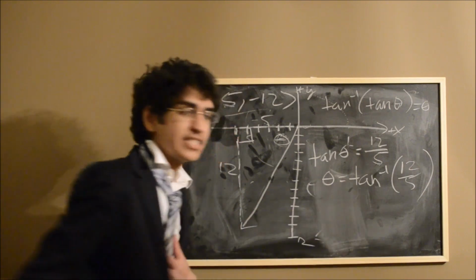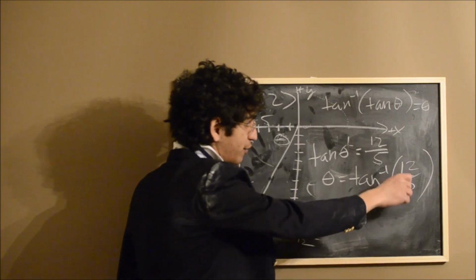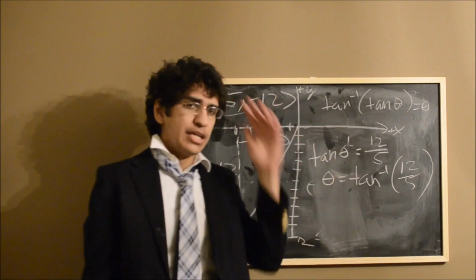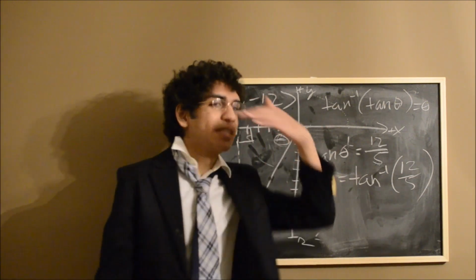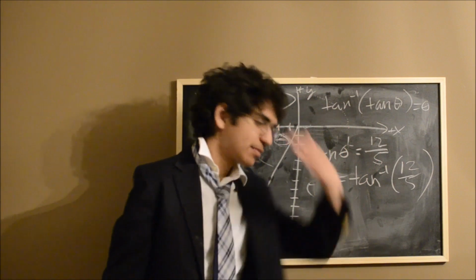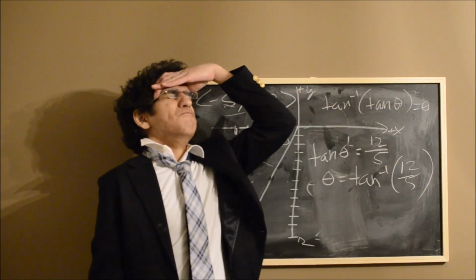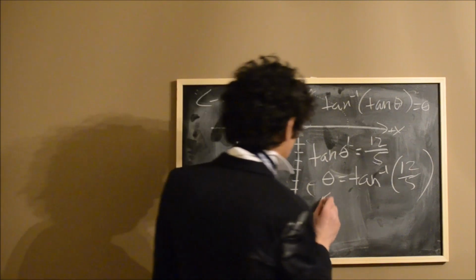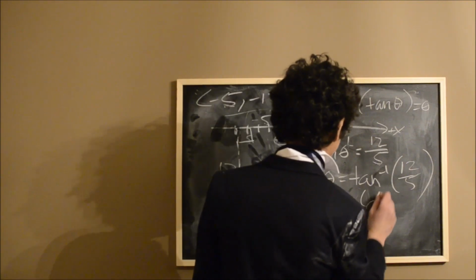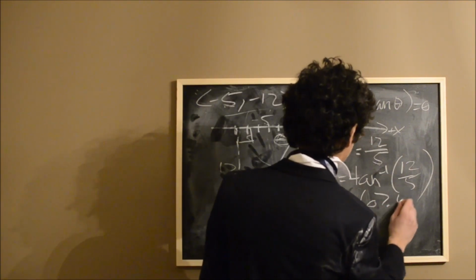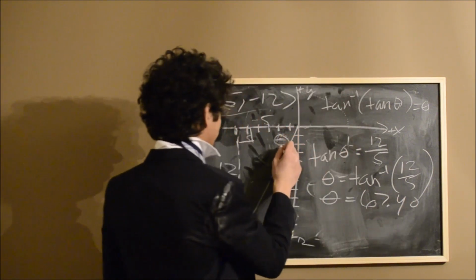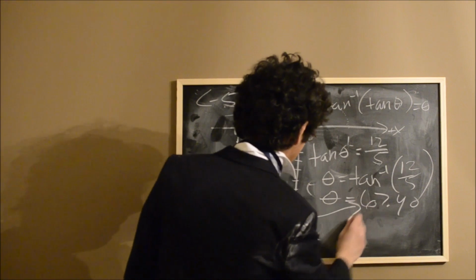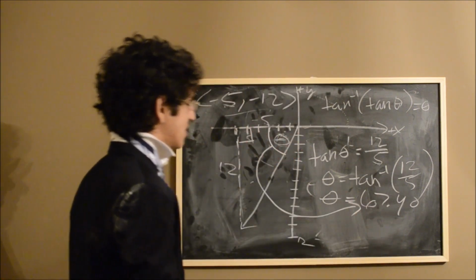What is the inverse tangent of 12 over 5? Well, you probably can't do this, but I'm going to calculate this in my head. I get 67.4 degrees. Theta is 67.4 degrees. Okay, so we know this angle right here, that is 67.4 degrees.